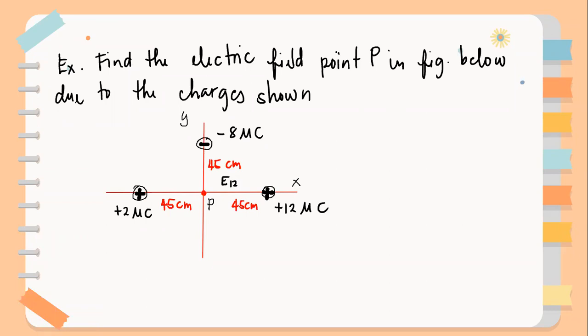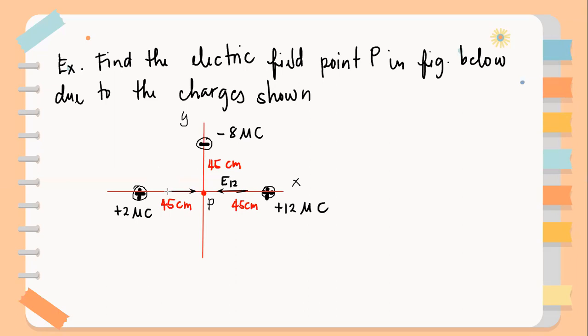For E12, while for E of the 2 microcoulomb, it is repel again.